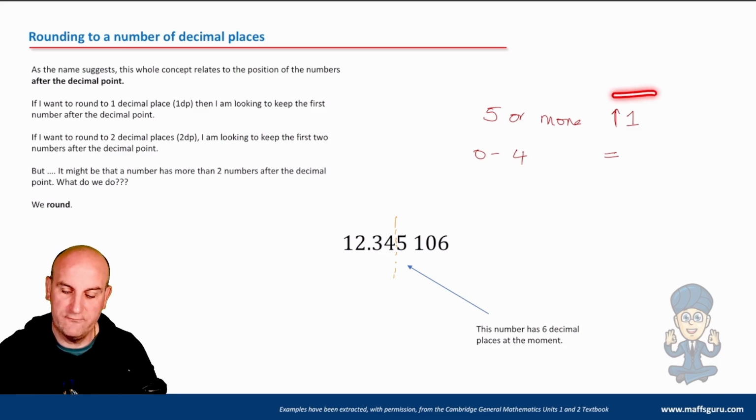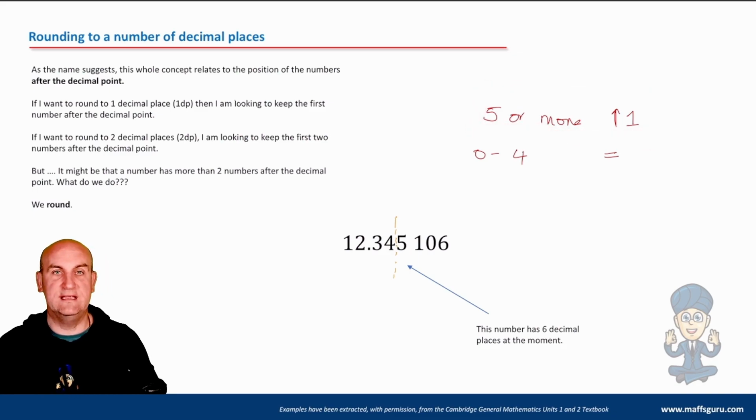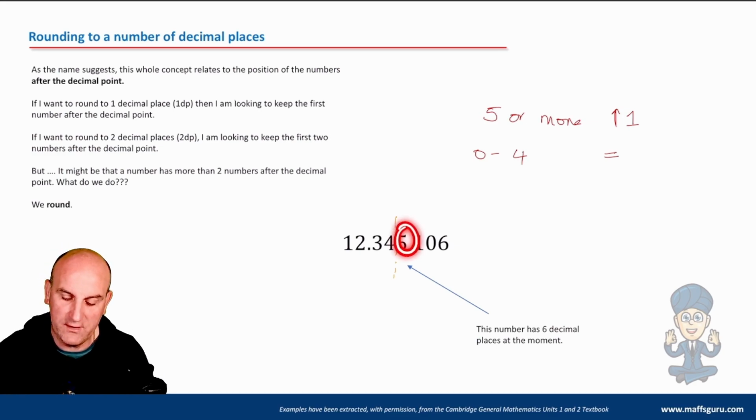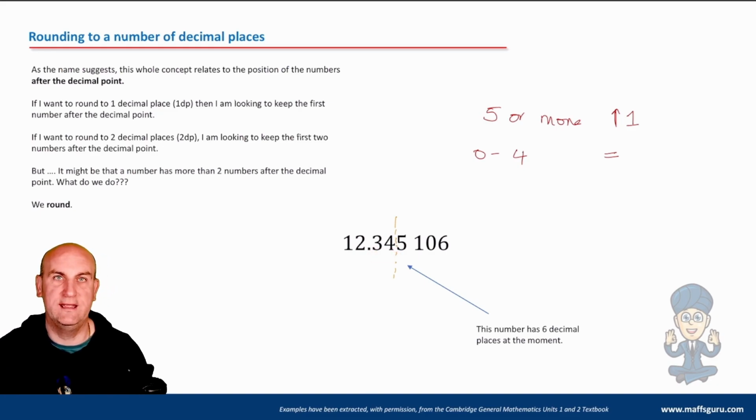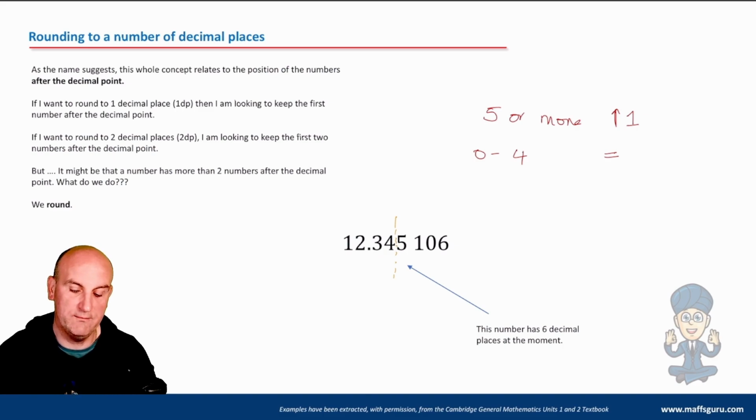Is that a 5 or more? Absolutely, it is. So the rules say, if this is a 5 or more, we make the number before it 1 bigger. I tend to think of this as the number 34, and I'll explain a little later on why I think of that as the number 34. So how do I make 34 bigger? Well, I would make it 35. So that would become 0.35, and the 12 stays the same.